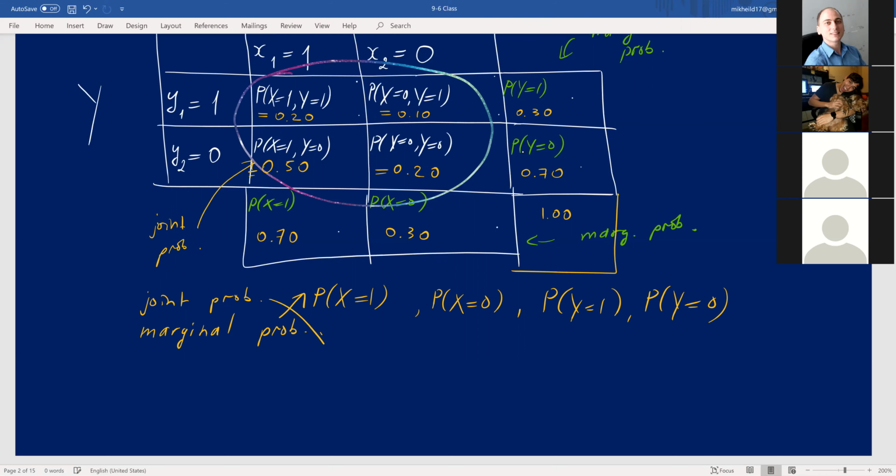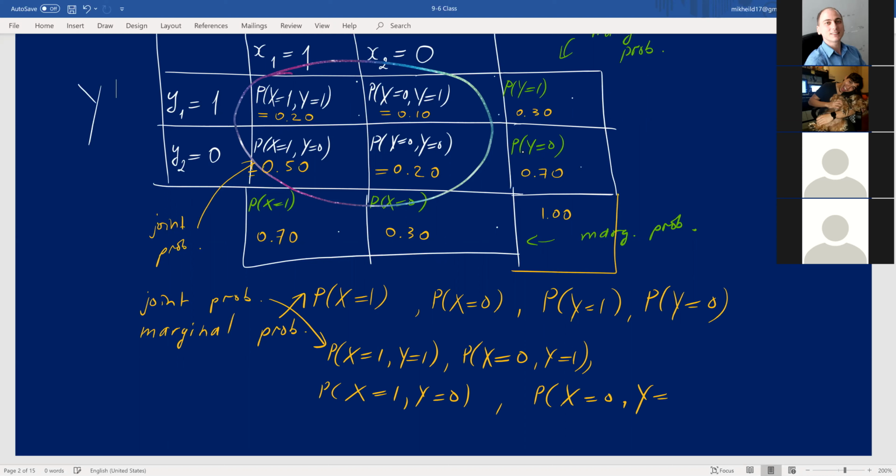And then the joints clearly are the probability that, let's say, x equals 1 and y equals 1, x equals 0 and y equals 1, x equals 1 and y equals 0, and x equals 0 and y equals 0.